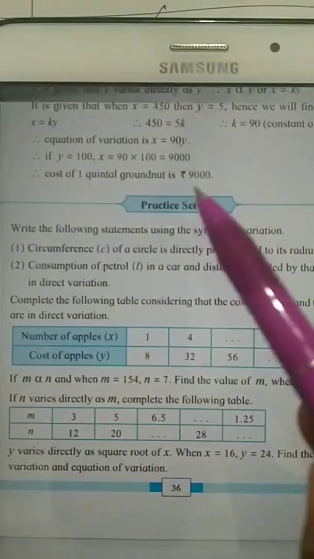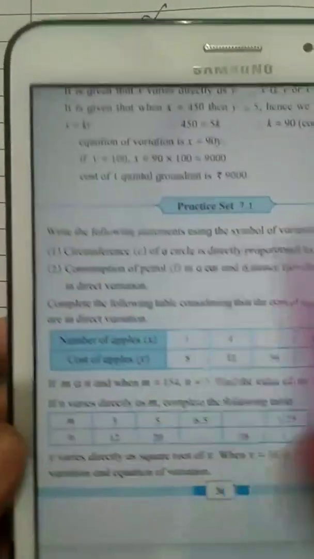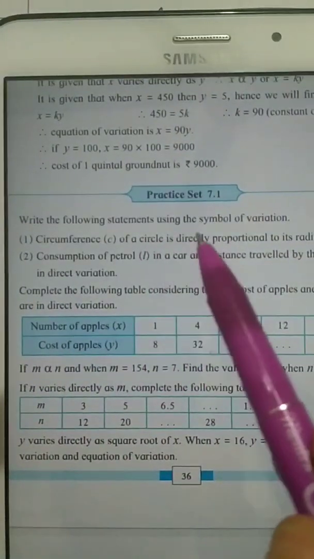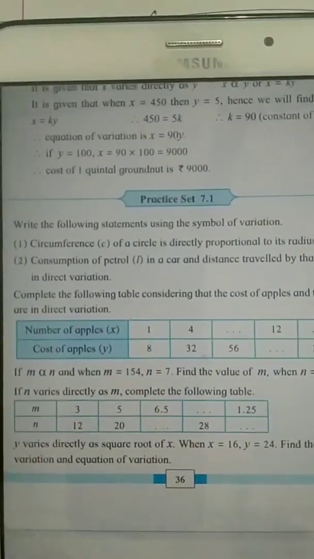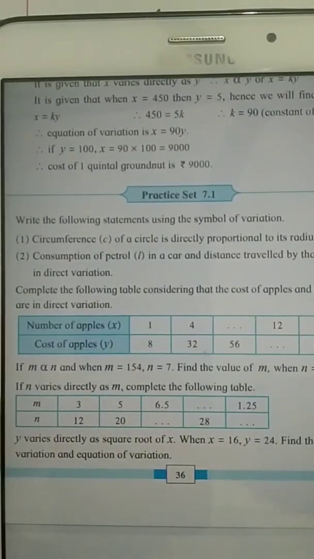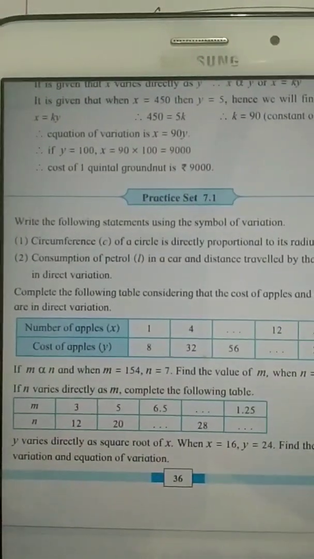Now let's see practice set 7.1. In that, as you can see, the first question: write the following statements using the symbol of variation. You just have to think which type of variation this is and write it in symbol.